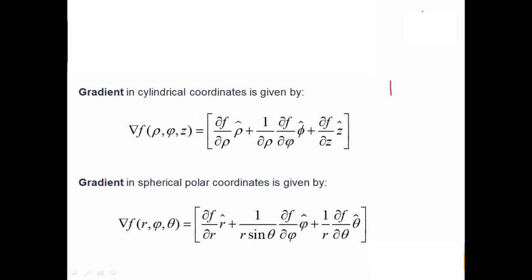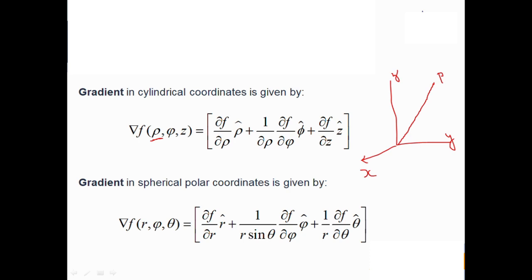Let me just give you a brief idea about the cylindrical system, how that works. If you look at your regular Cartesian axes, you have the x-axis, the y-axis, and the z-axis. A cylindrical coordinate system has three coordinates. One is rho. If I pick a point here, let's say point P, I see that this point P is at a certain distance from the origin, and it's making a certain angle with respect to the z-axis, y-axis, and x-axis.